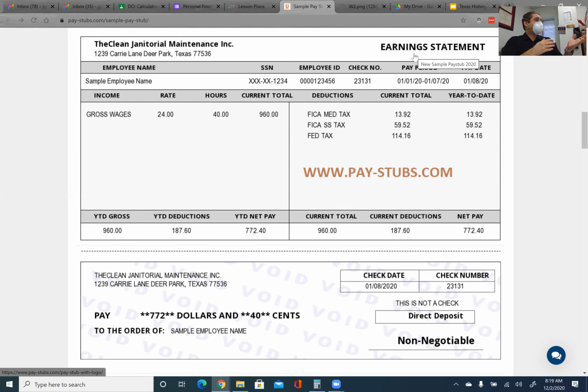Another reason a flat tax is generally frowned upon is this thing in economics called marginal utility. And marginal utility just means the additional satisfaction. Okay.